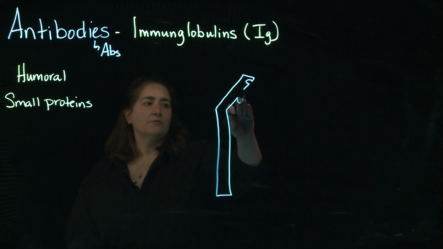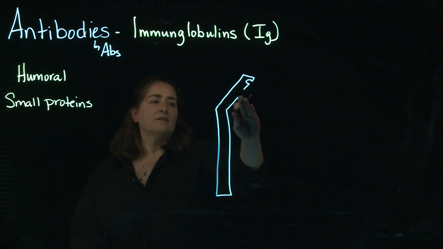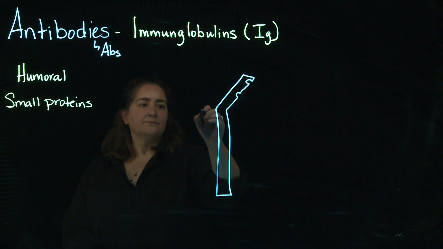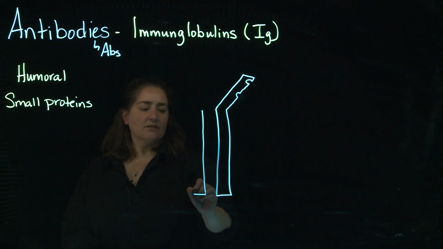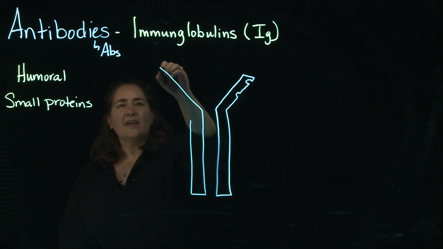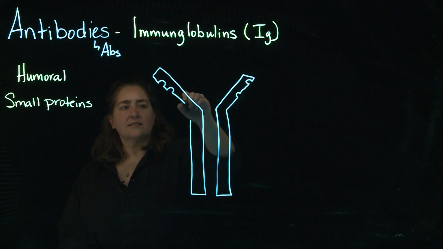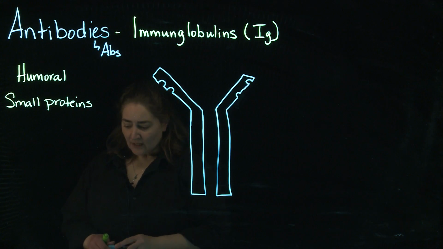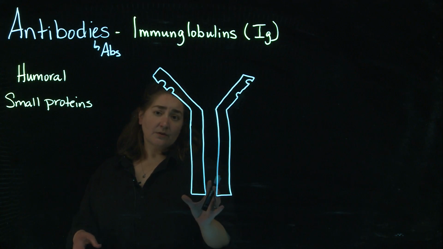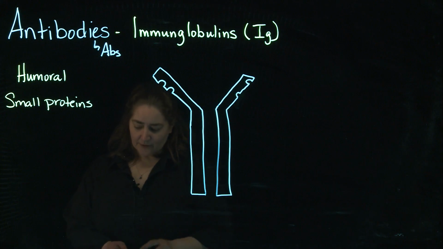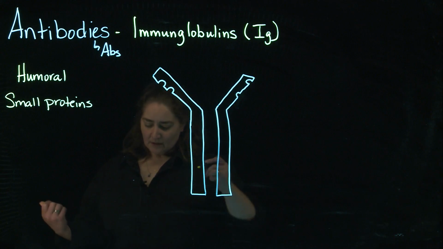The thing about antibodies is that they're made and then assembled together, and where they're made and assembled is within the B cells.